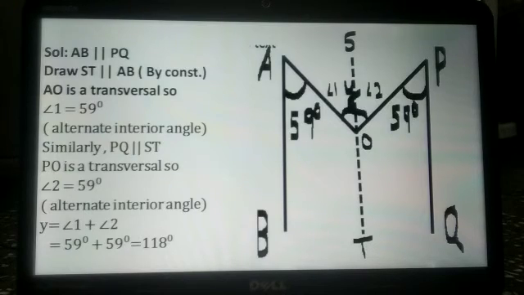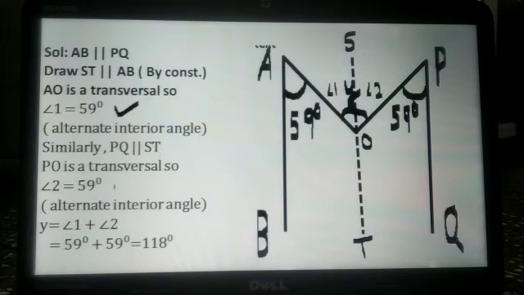And now AO is a transversal, so angle 1 is equal to 59 degrees because these are alternate interior angles. Similarly, when AB is parallel to PQ and we have drawn ST parallel to AB, then PQ is parallel to ST and PO is a transversal.